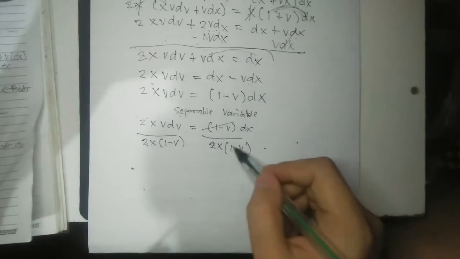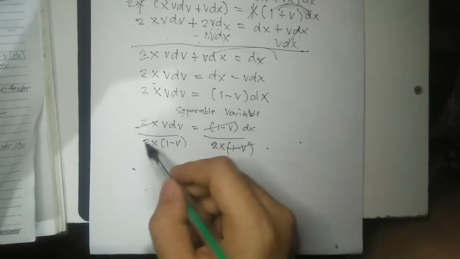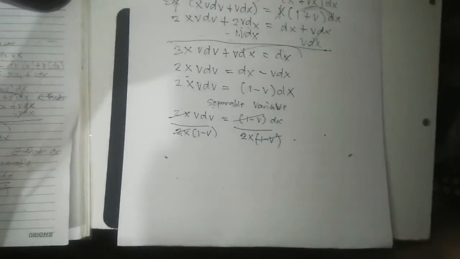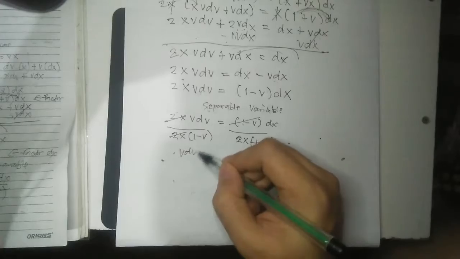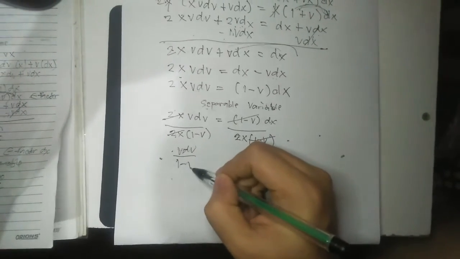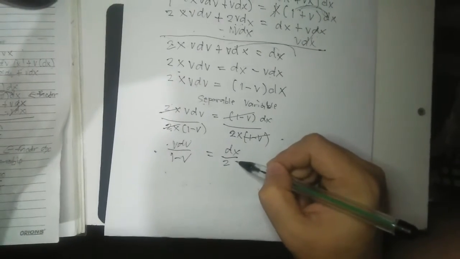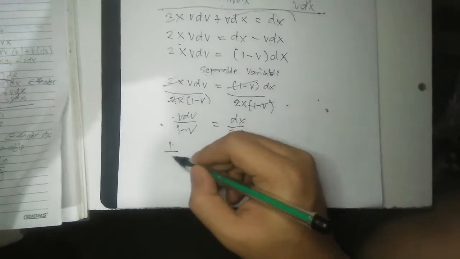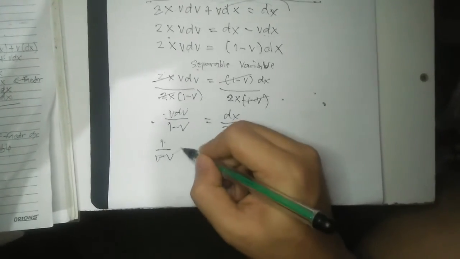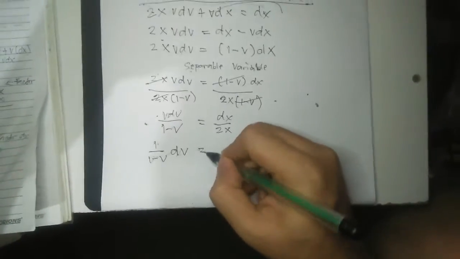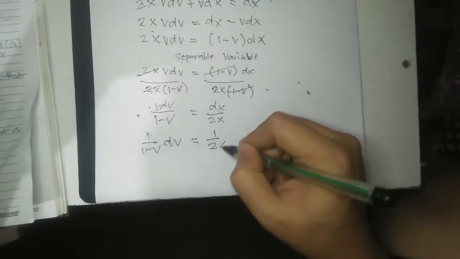The 2x cancels, so it will have v dv over (1 minus v) equals dx over 2x, or we can simply say 1 over (1 minus v) dv equals 1 over 2x dx.